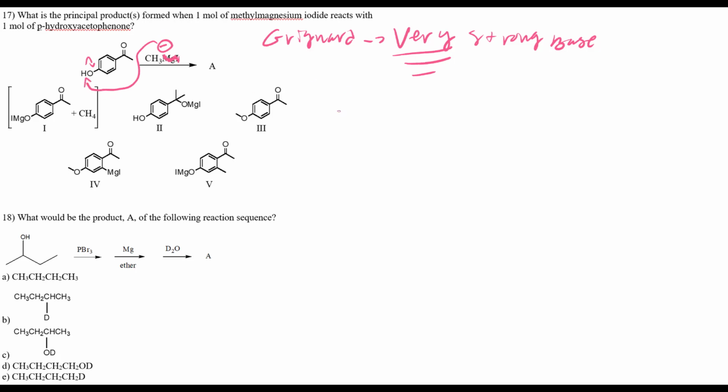So CH4 is going to be in the product. Therefore, 1 would be correct. You now have an alkoxide, and then you have your little benzene ring. I'm just cutting it off to save time. The MgI, which is positive, is going to be attached to this alkoxide.